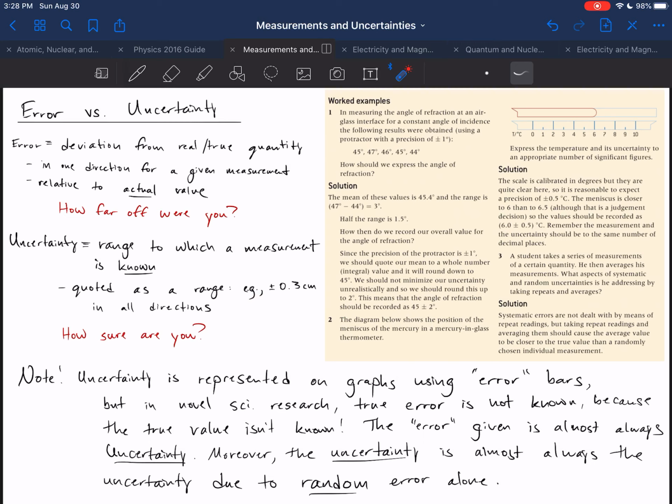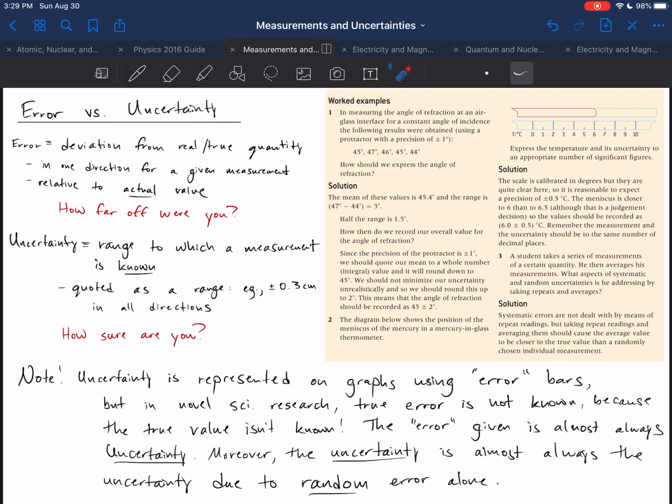Complicating the difference between error and uncertainty, unfortunately, is that uncertainty is represented on graphs using what are known as error bars, and I'm so sorry about this. We use the random error to get the uncertainty, but even if we didn't have a measurement of the random error, you can always and should always represent the uncertainty on your graph. The way you do it is by using error bars. I'm sorry about that. That's just how it goes.